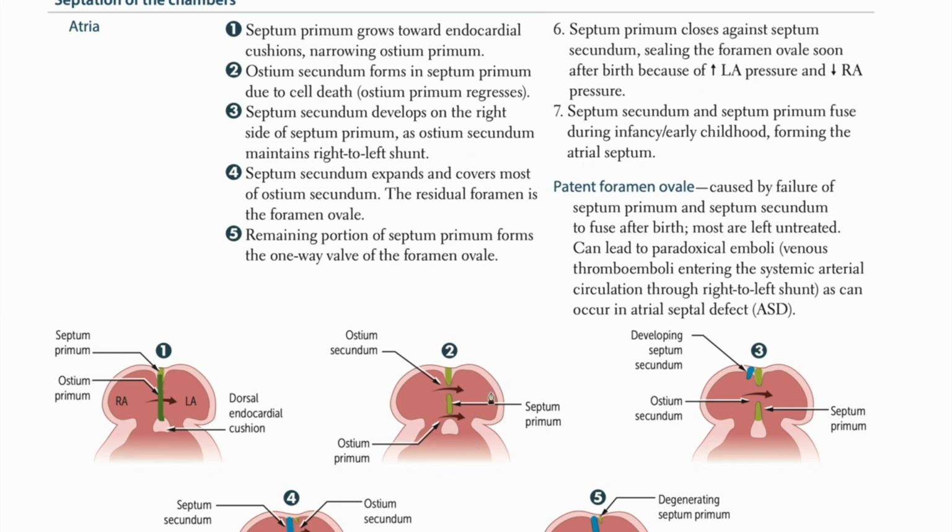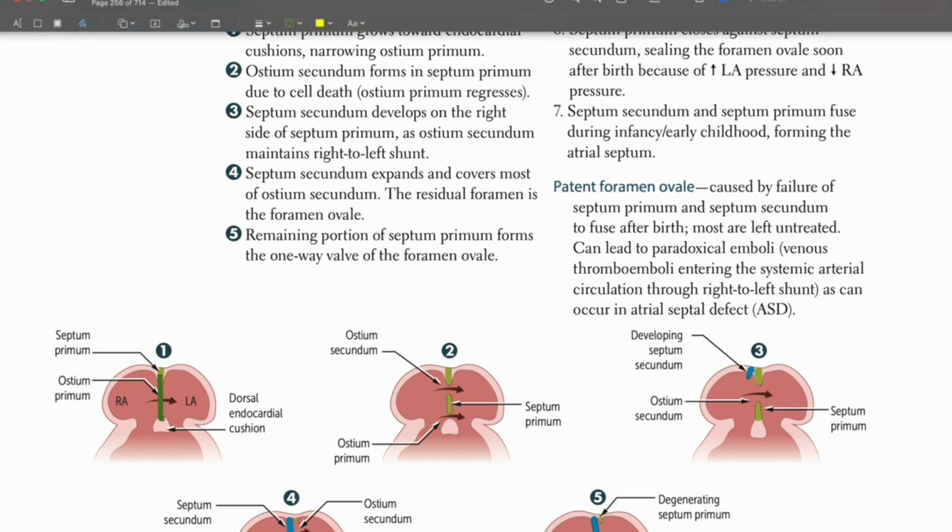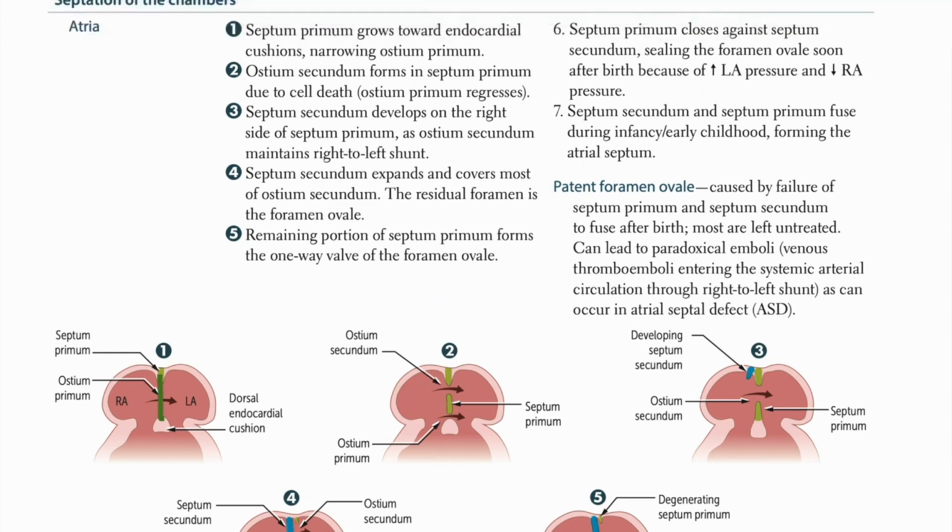In some parts of the septum primum, apoptosis happens, so cell death happens, and the gaps are now called ostium secundum. So ostium secundum forms in septum primum due to cell death, and ostium primum regresses.